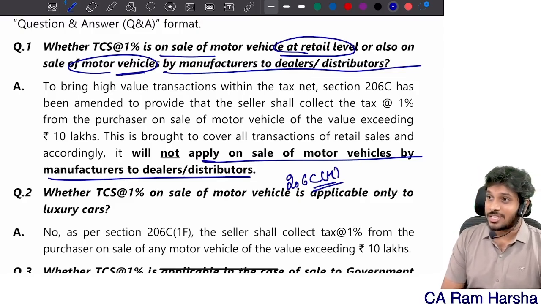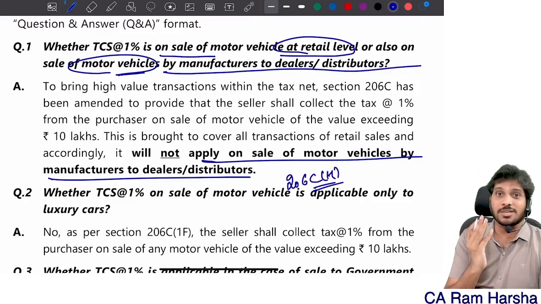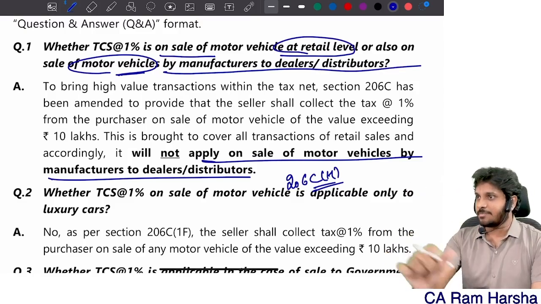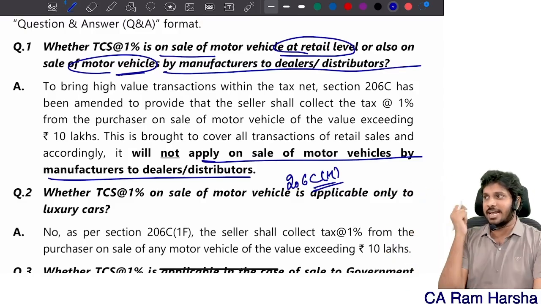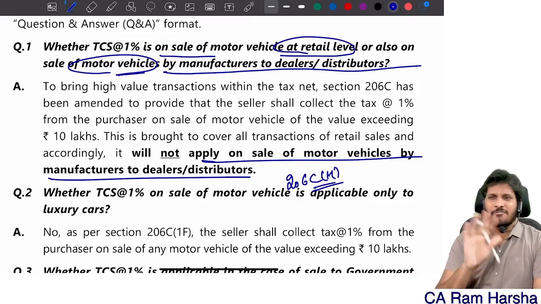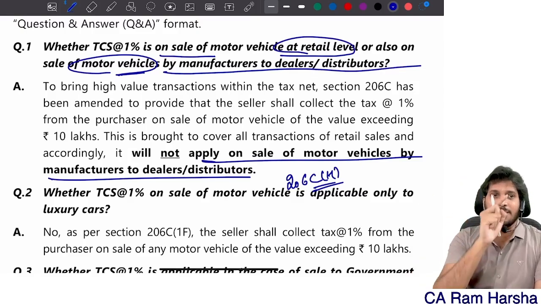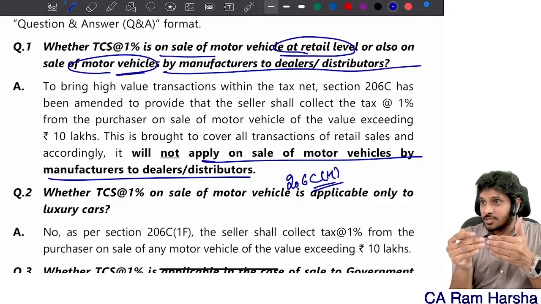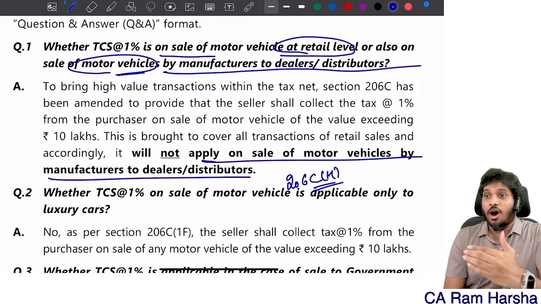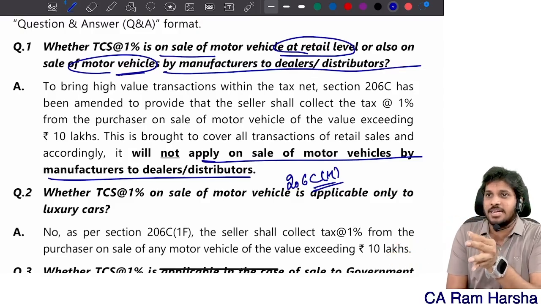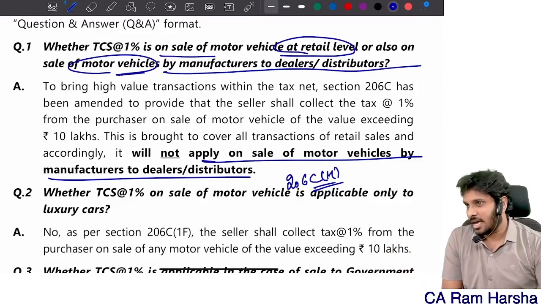When manufacturers are selling cars to dealers and all, 206C 1H is applicable. If the aggregate in a year crosses 50 lakhs, 1% is to be collected under the 1H provision. 1F will not apply. 1F will apply for whom? Retail sellers. Second hand car dealers, sellers, retailers, or those selling first hand, directly new cars. They are called retailers. For them only this provision is applicable.